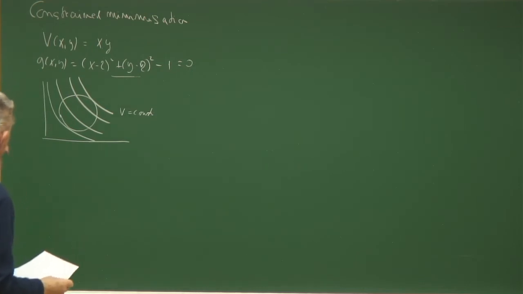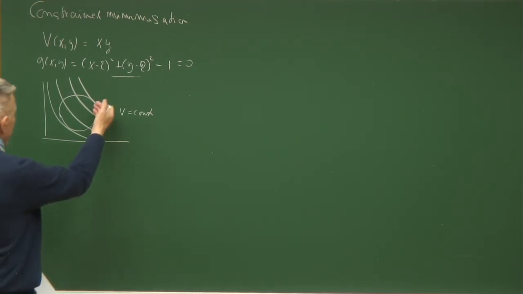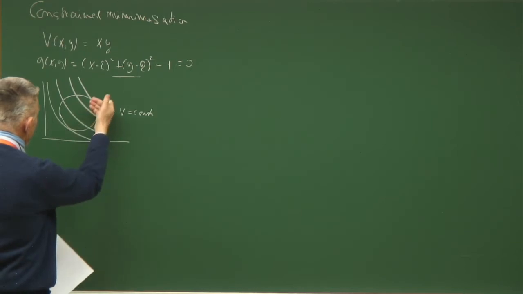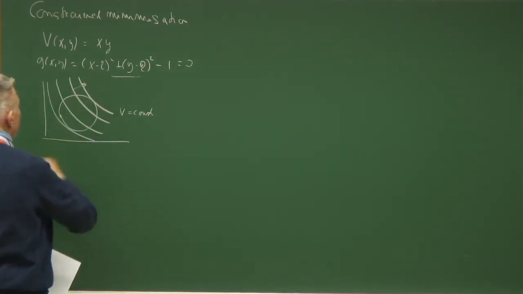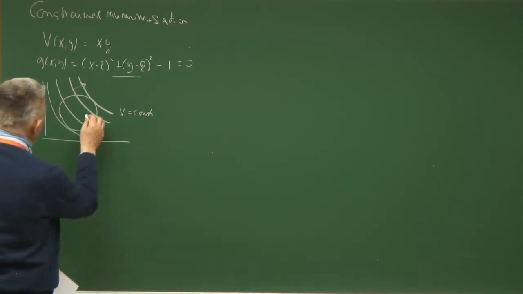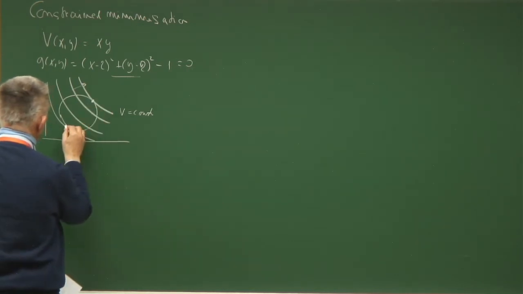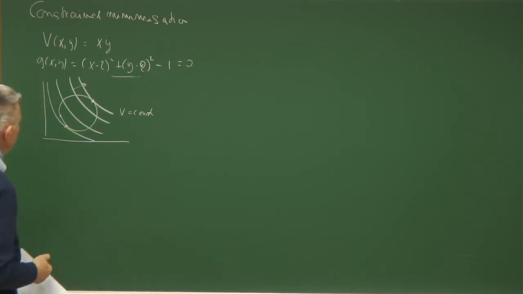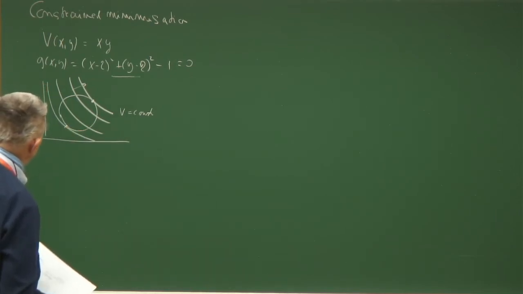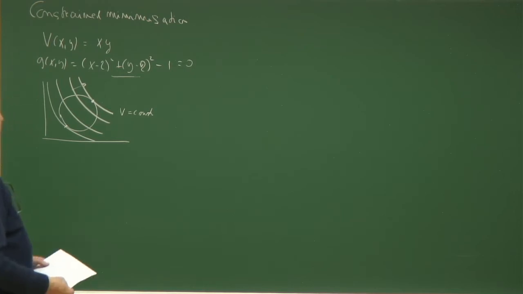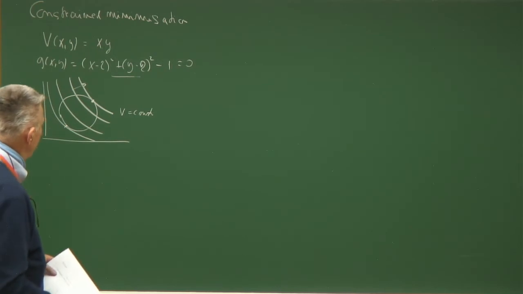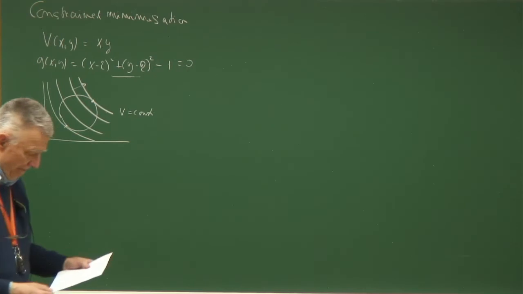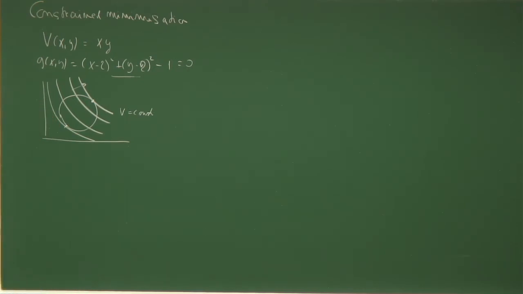And the observation was if the function is growing in this direction, then the maximum will be taken here and the minimum here, just where the constraint touches the niveau line of the function. That's the heuristics.